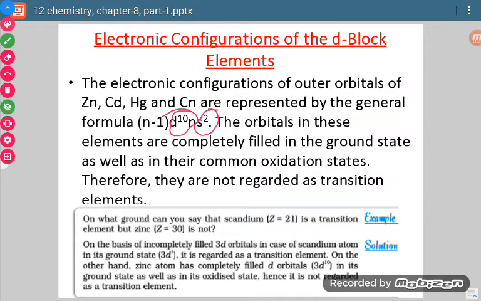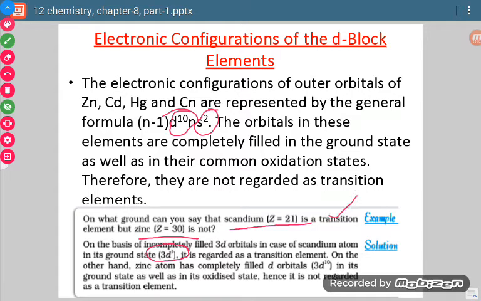Now here we have taken one example. Sometimes we are asked a question like this: scandium is a transition element but zinc is not a transition element. Why? In the case of scandium, when we write the electronic configuration, there is one unpaired electron in the 3d orbital, so it is regarded as a transition metal.